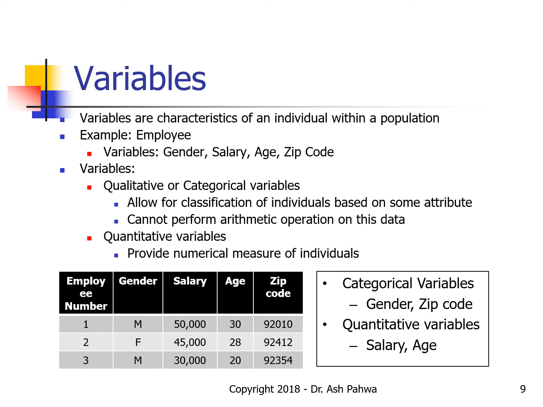For example, if we have employee data, we have several variables such as gender, salary, which could be any number, age, which could be any number, and then we have a zip code. So here we have two types of variables. The first type is called the qualitative or the categorical variable.